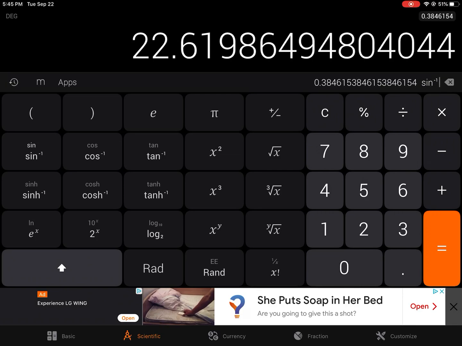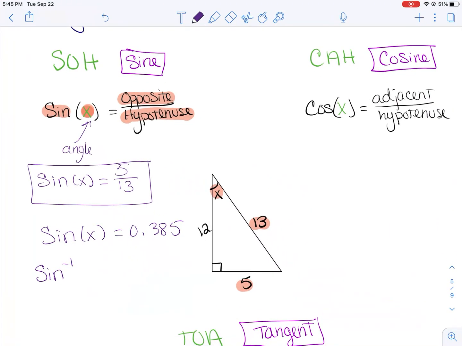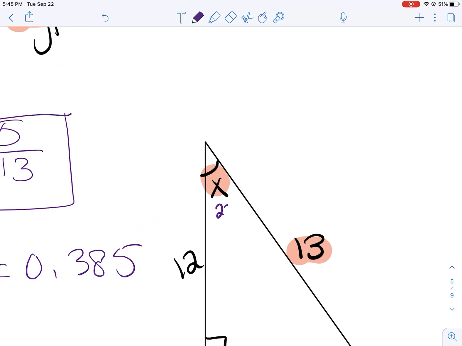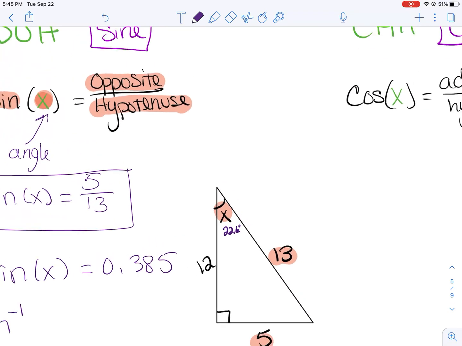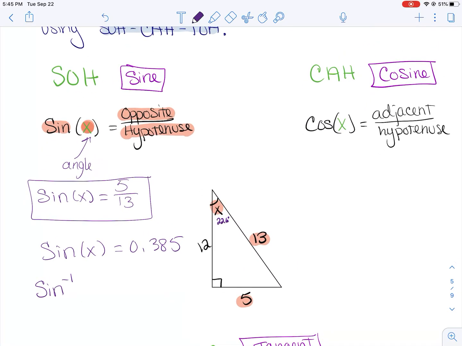And it tells me that this angle is 22.6 degrees. So this angle x here is 22.6 degrees, which is really good information for me because if I know two angles in a triangle, then I could go and find the third. Different calculators will have different formats for how you find that, but that's one of the ways.